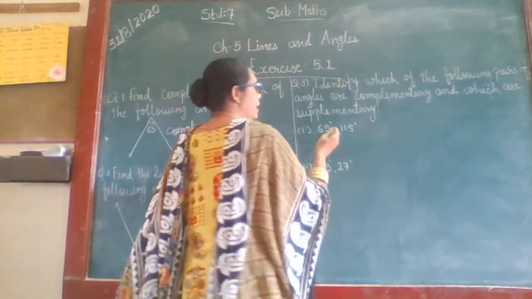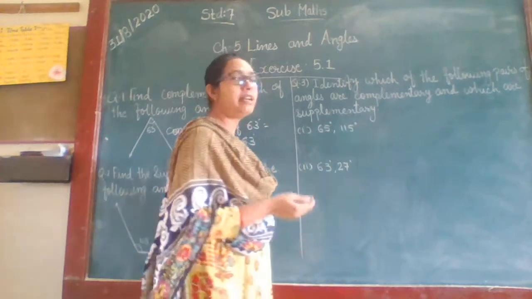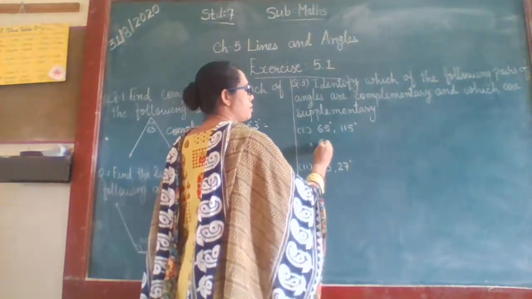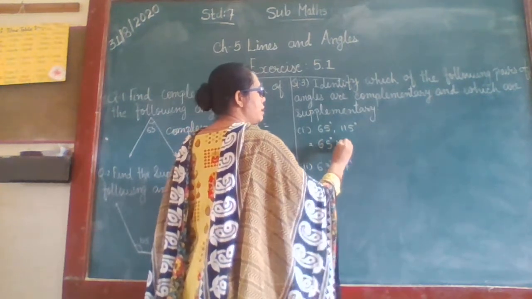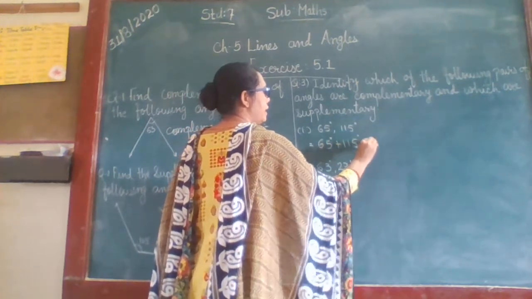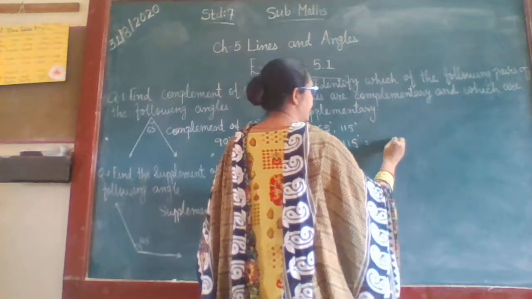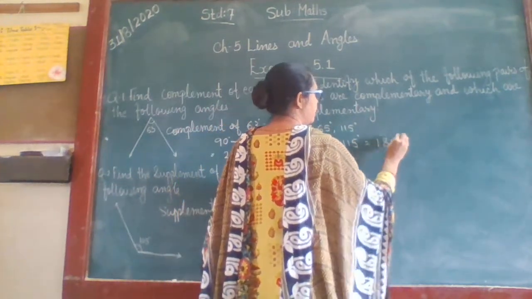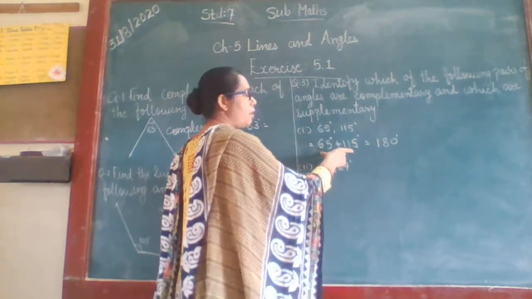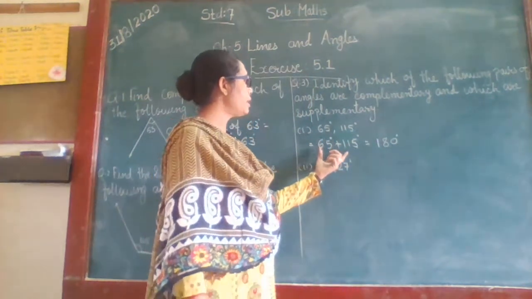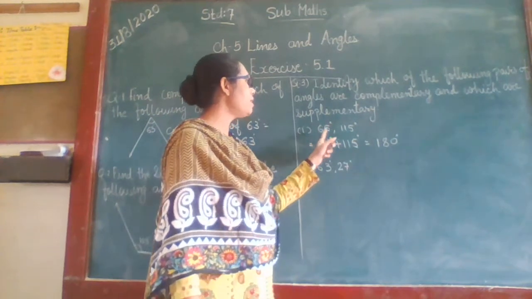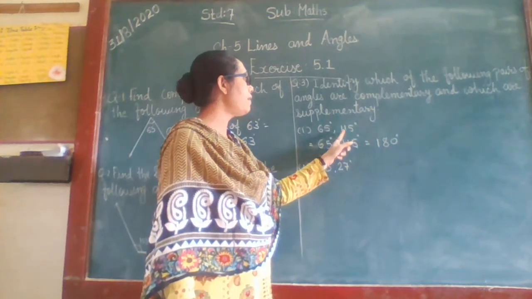So here to find the pair of complementary or supplementary, we have to add the given measures. So 65 degrees plus 115 degrees, 5 plus 5 is 10, 1 carry, 6 and 1 is 7 and 1 is 8. So the sum of the given measures of the given angles is 180 degrees.